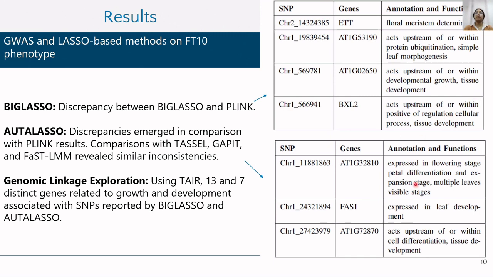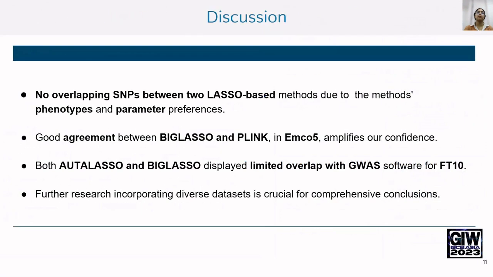This is evident from the tables in the slide. This supplementary analysis suggests that some SNPs potentially associated with the phenotype may be missed by the GWAS. Lasso-based approaches might complement traditional GWAS, revealing overlooked genomic regions and genes for further exploration.